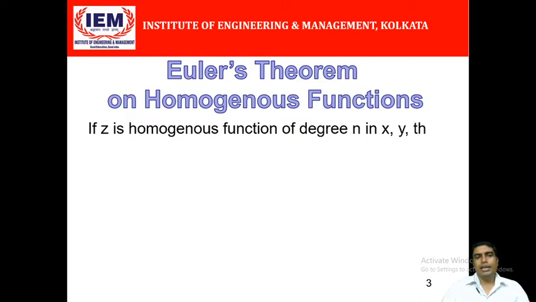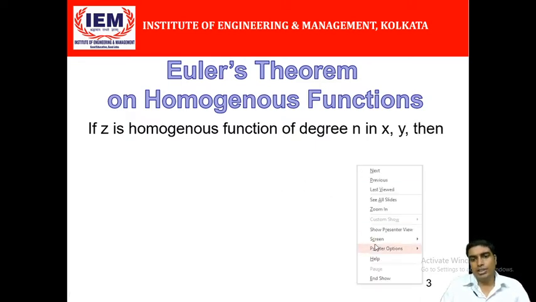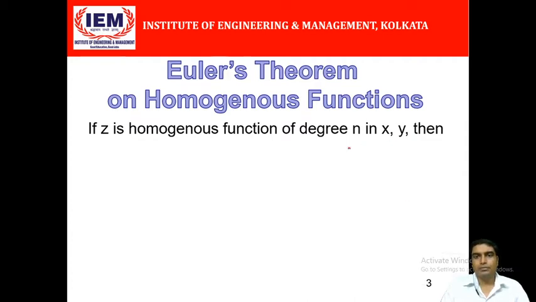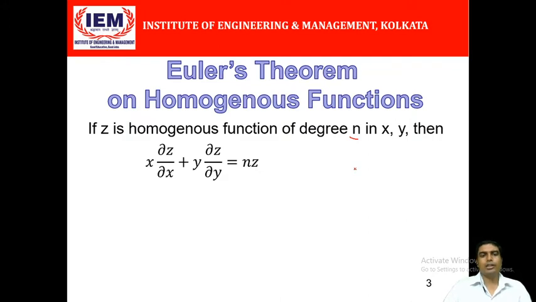If z is a homogeneous function of degree n in x and y, the two independent variables, then the following equality holds: x del z del x plus y del z del y equals nz, where n is the degree of the homogeneous function.